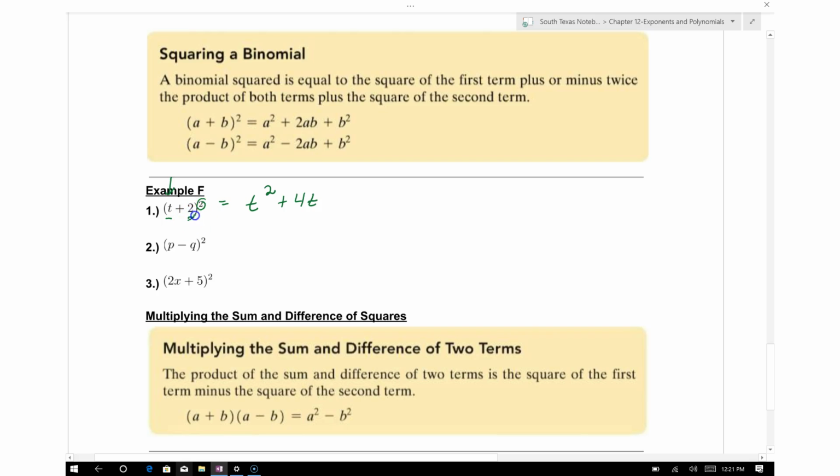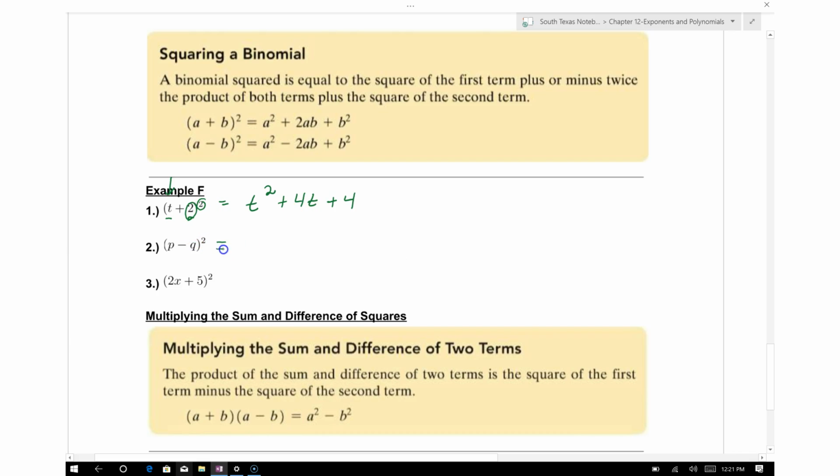And then the last term, you're going to square it. So that's going to be plus 4. So you square the first term, then you multiply the terms and the exponent, and you get 4t. And then the last term, you square it.